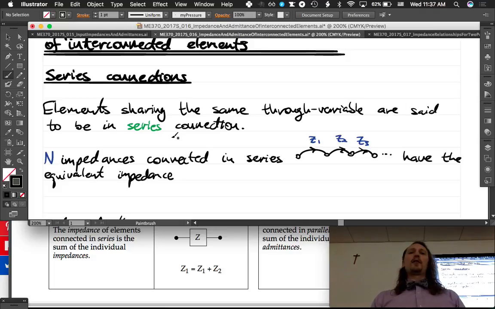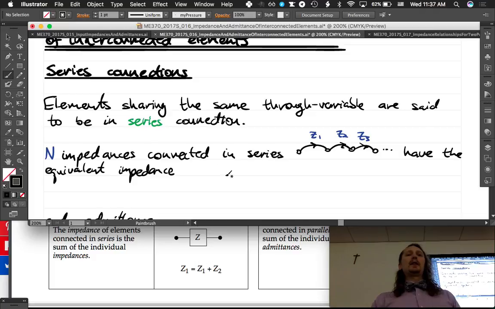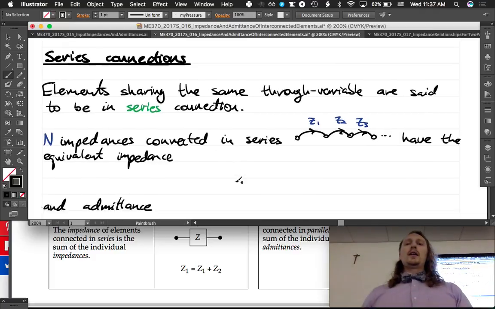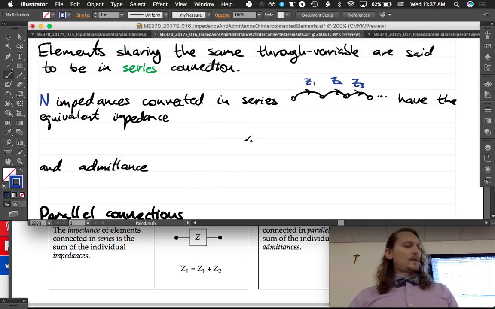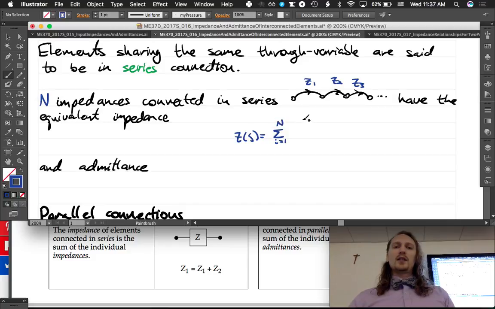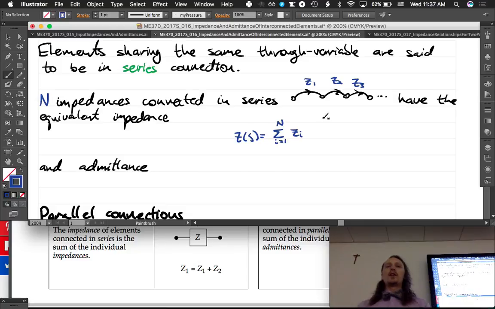N impedances connected in series have the equivalent impedance Z of S equals, and I want you guys to tell me what it is. Yeah, it's just the sum. I'm going to use summation notation because I want to be fancy, but it's just the sum of all of the Z's.